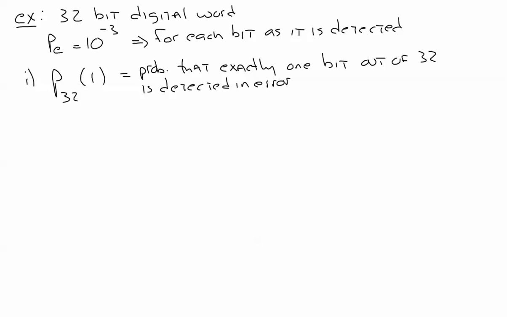Well, we can use our relationship from the previous slide, and we find this probability that out of 32 bits, exactly 1 is in error is 1/1000th raised to the first power times 0.999, the probability of not being detected in error, raised to the 31st power, times the number of combinations of 32 things taken one at a time.